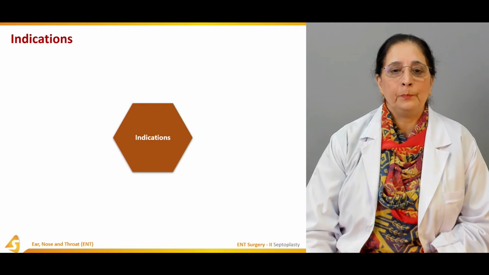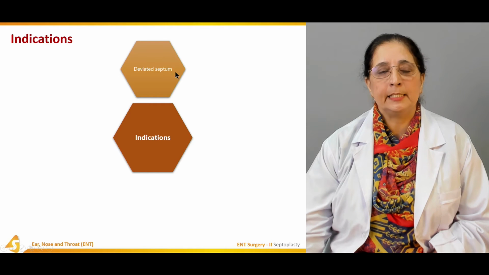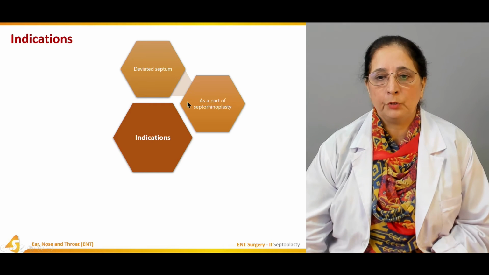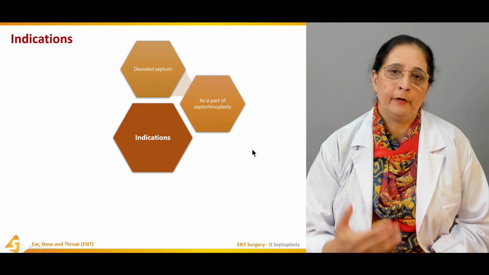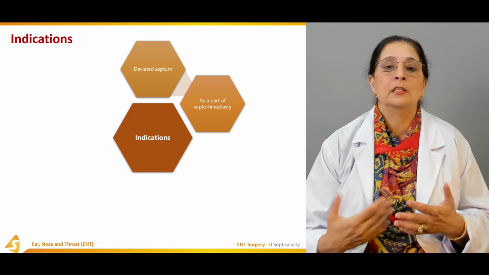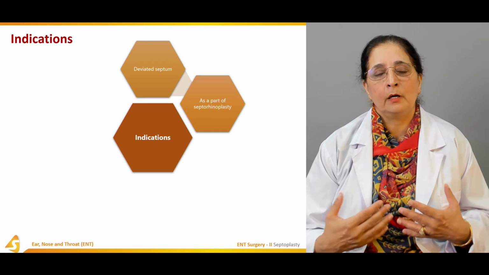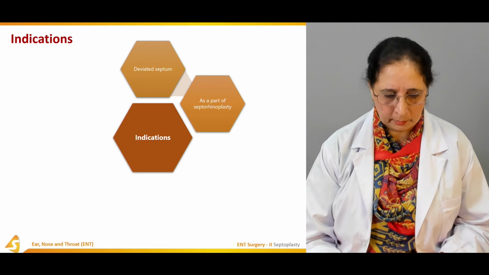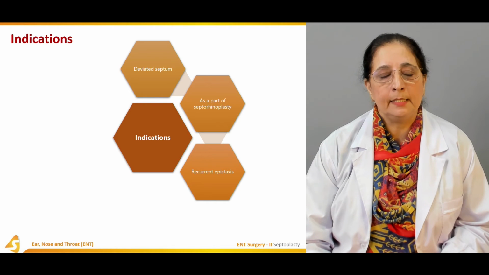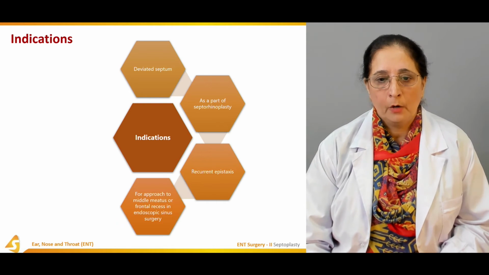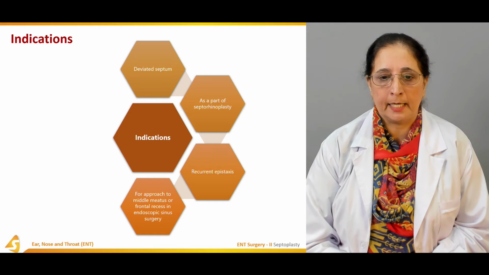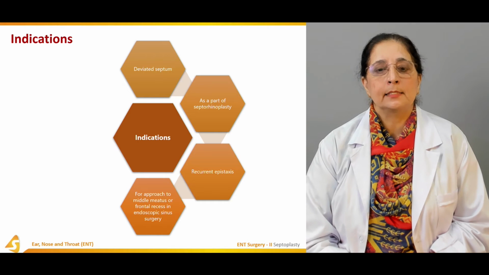Indications for septoplasty: we have a deviated septum, DNS. As a part of septorhinoplasty, the repair of septum and nose, which a lot of people need as cosmetic surgery to fix the nose. Recurrent epistaxis, recurrent bleeding, is also an indication. Approach to the middle meatus or frontal recess in endoscopic sinus surgery.